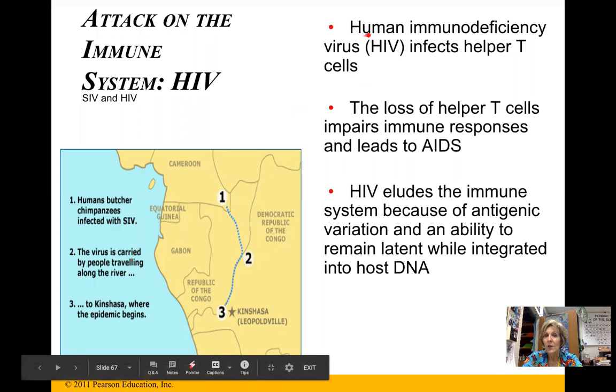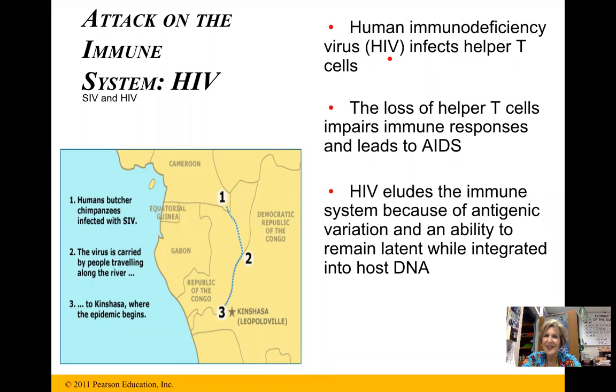HIV is called the human immunodeficiency virus. What this virus does is it infects the helper T cell. That is the host cell. It infects the helper T cell, which is the centerpiece of our acquired immune system.